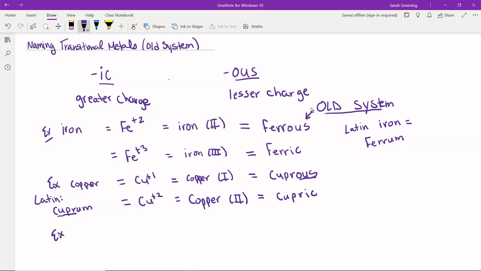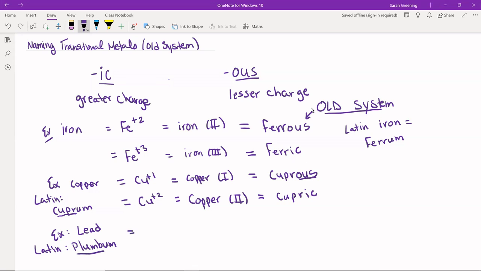Another example, if we were looking at lead. This is one of my favorite elements just because of the Latin name. The Latin name of lead is plumbum, which is just a funny name. And we're going to be using the root, which is plumb.